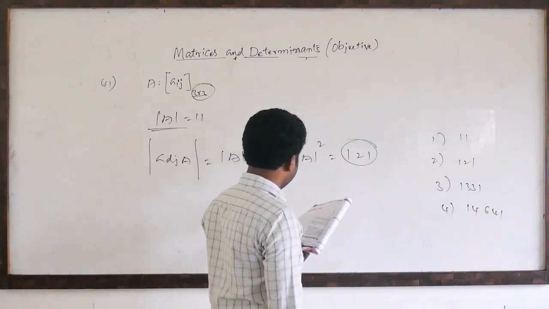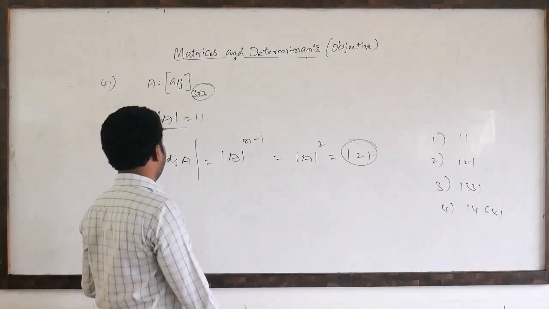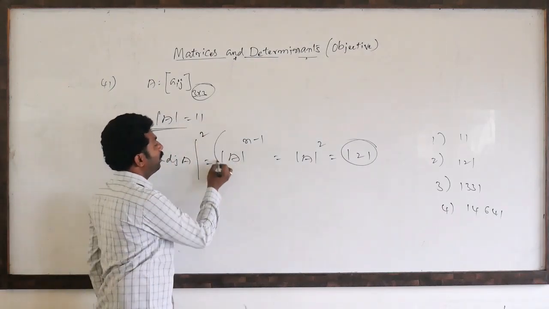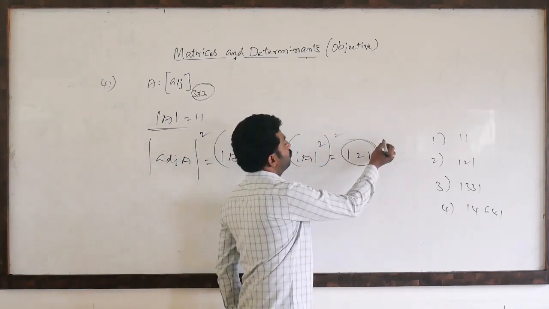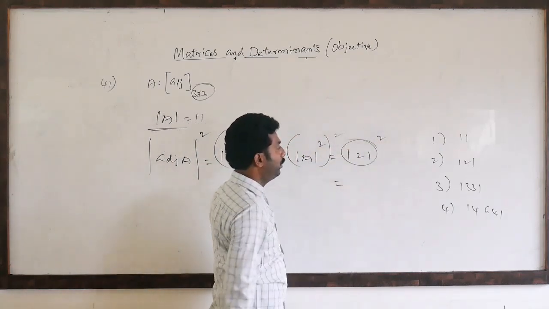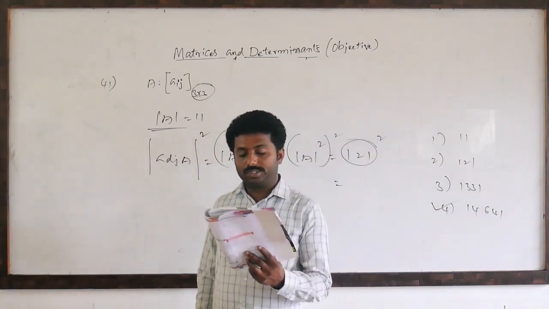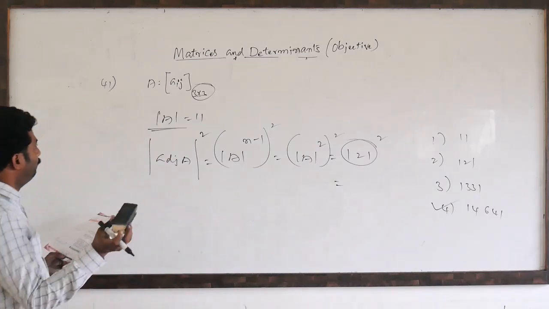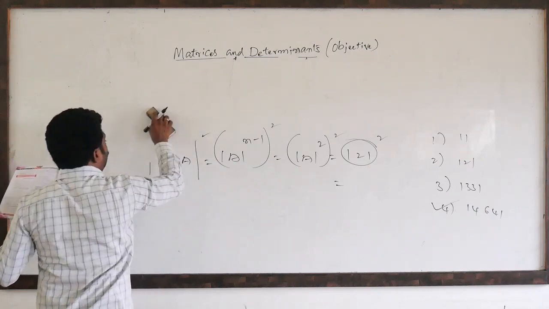Then they are asking for the square of the determinant of the cofactors, so 121 whole square, which is 14,641. That answer will come. Next, 42.